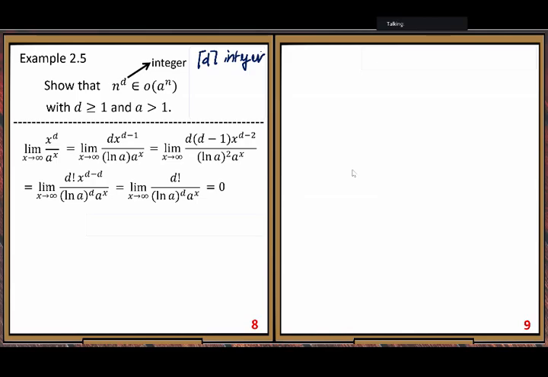Can we apply our result on ceiling function of d? We can, right? So this time, let's use the x version. X to the ceiling function of d over a to the x equals 0.